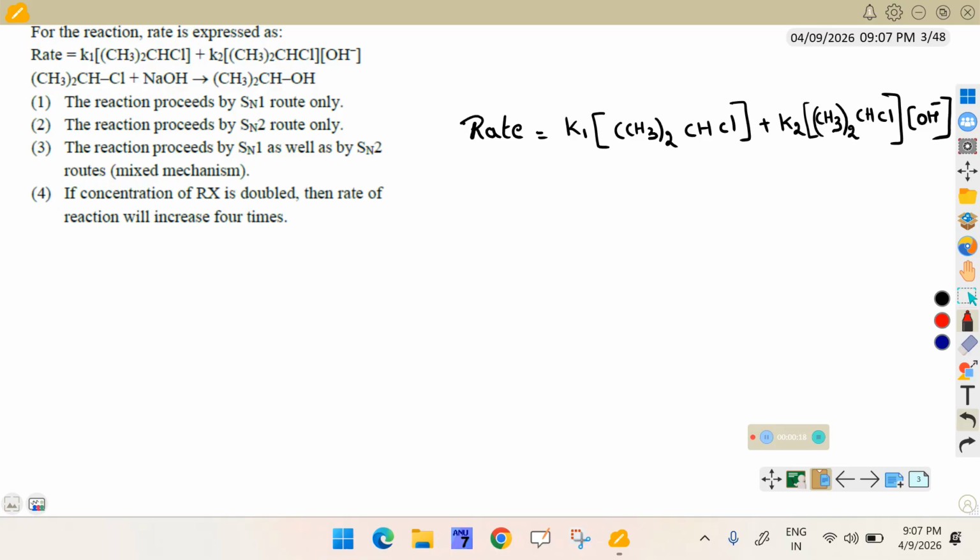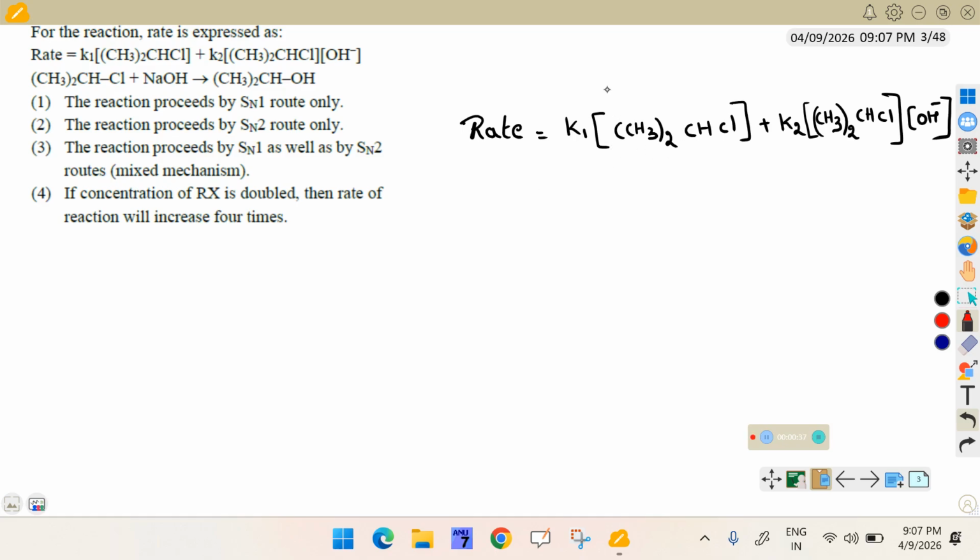For the reaction, the rate is expressed as rate = K1[(CH3)2CHCl] + K2[(CH3)2CHCl][OH-]. The reaction proceeds.